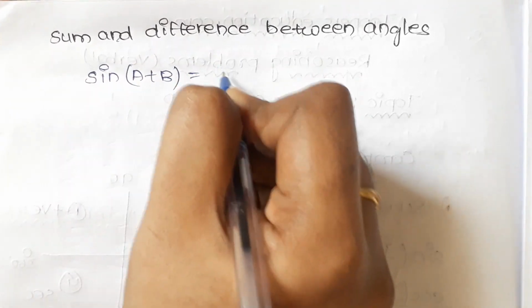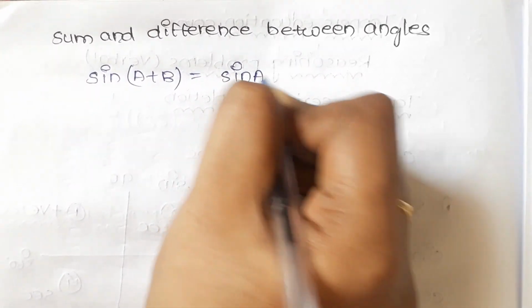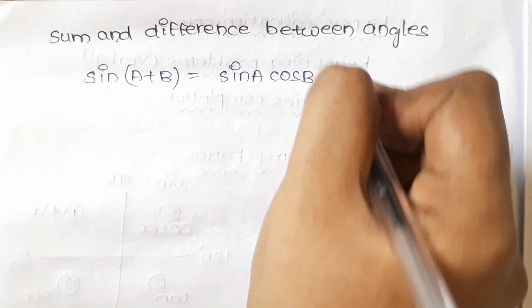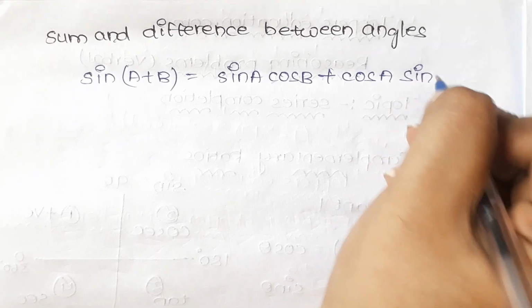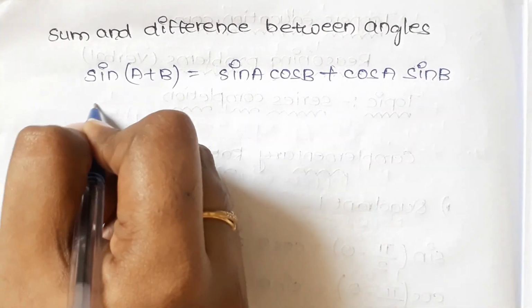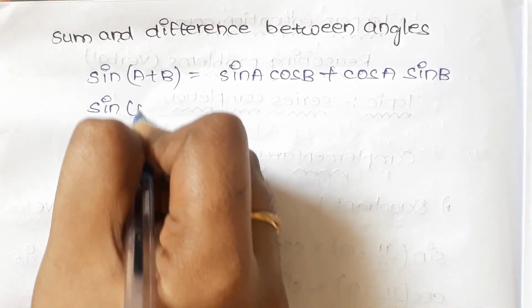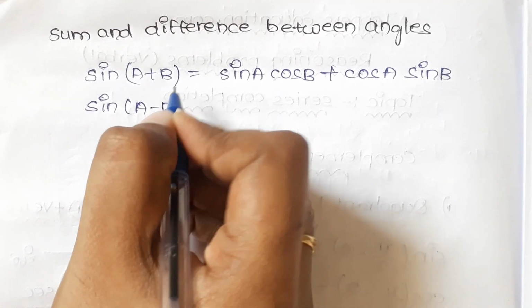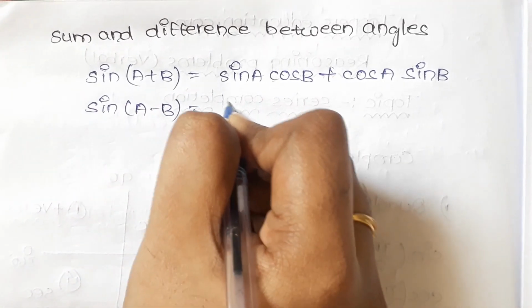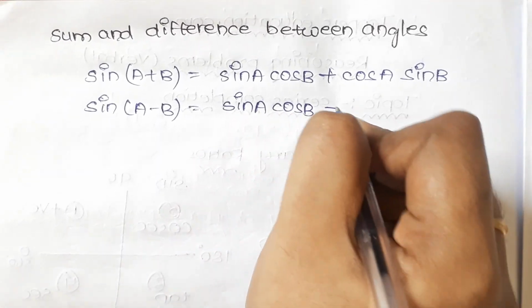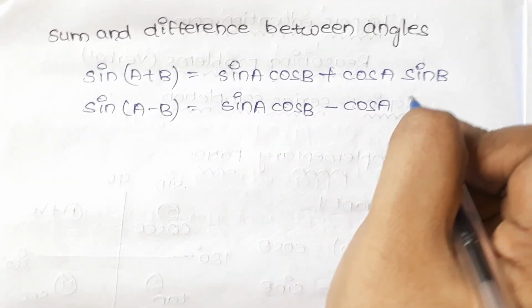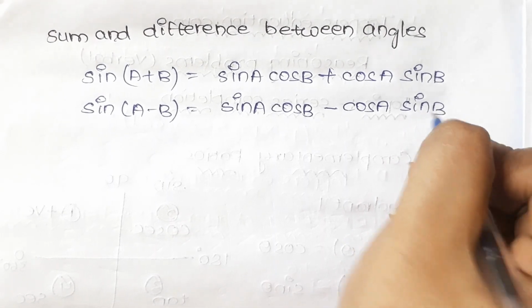The formula is sin a cos b plus cos a sin b. And now the difference, sin(a minus b) equals sin a cos b minus cos a sin b.